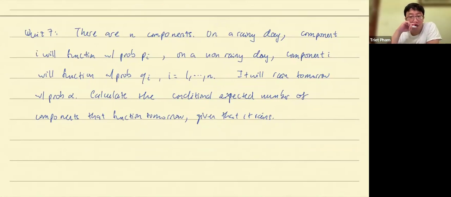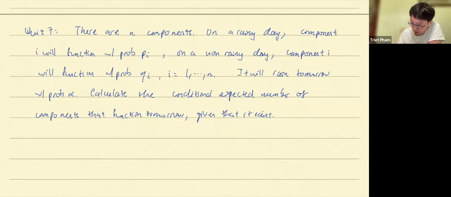So first thing is to just write down the language of what's given in terms of symbols. We have n components, and clearly we're looking at something like an indicator function.